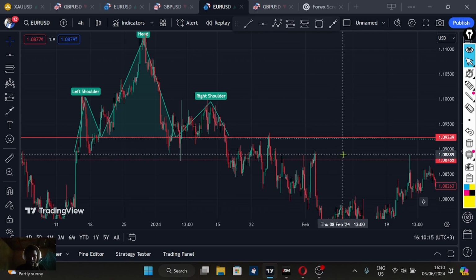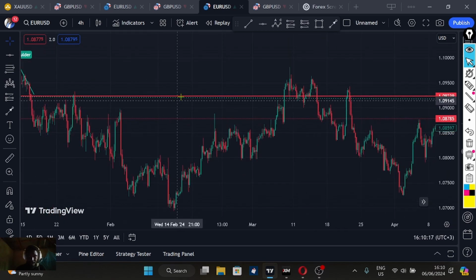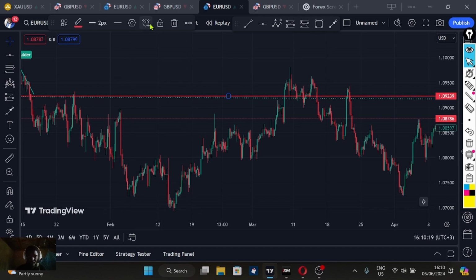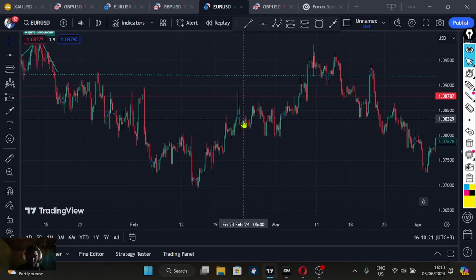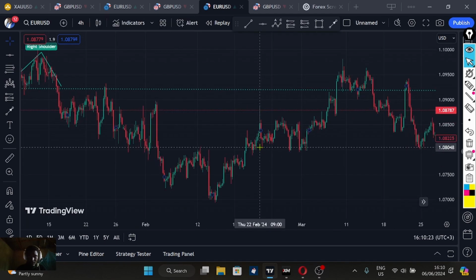Let's look at double bottom. This is also a reversal kind of pattern.